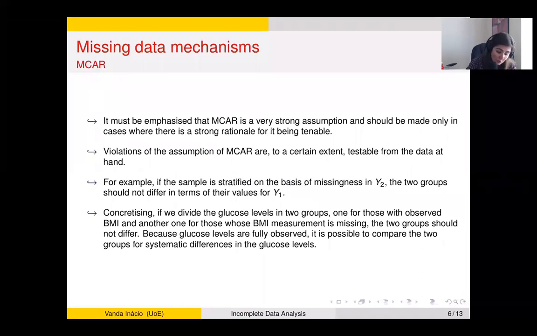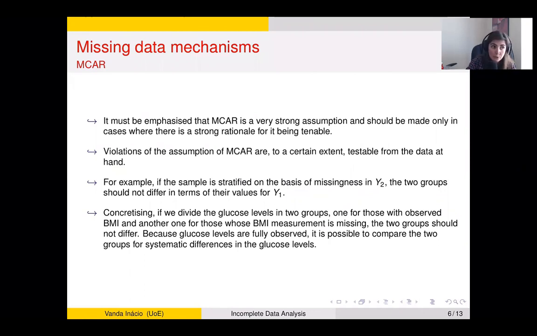And as we can probably guess, missing completely at random is a very strong assumption. We basically say that the probability of a missing value occurring is completely unrelated to what we observed or what happens to be missing. We should only make such an assumption where we have strong reasons to do so.